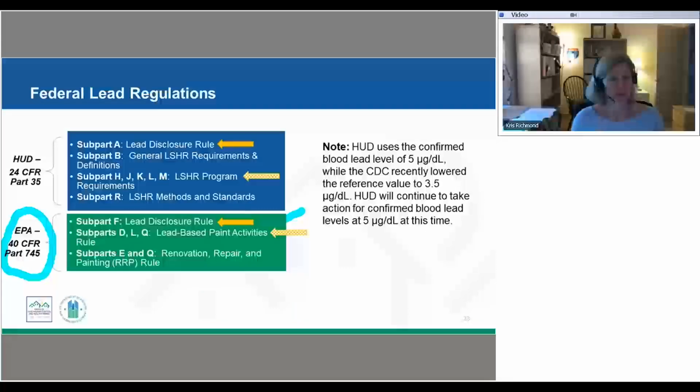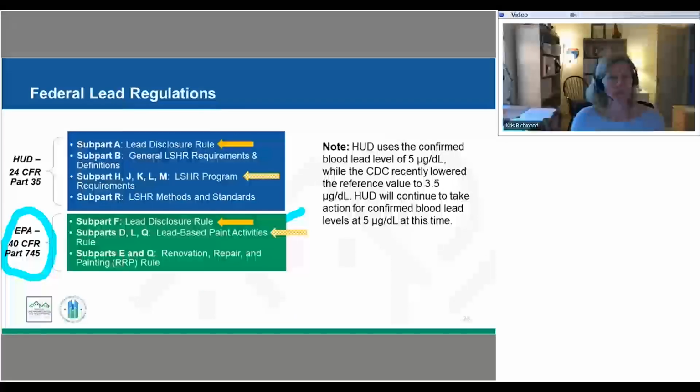Remember, that's identical to Subpart A, that's for the lead regulations. We have our D, L, and Q, our lead-based paint activities rule. And then we have our renovation, repair, and painting rule. And so these all apply to housing and child-occupied facilities such as schools and daycares built before 1978. Those are a couple examples there.